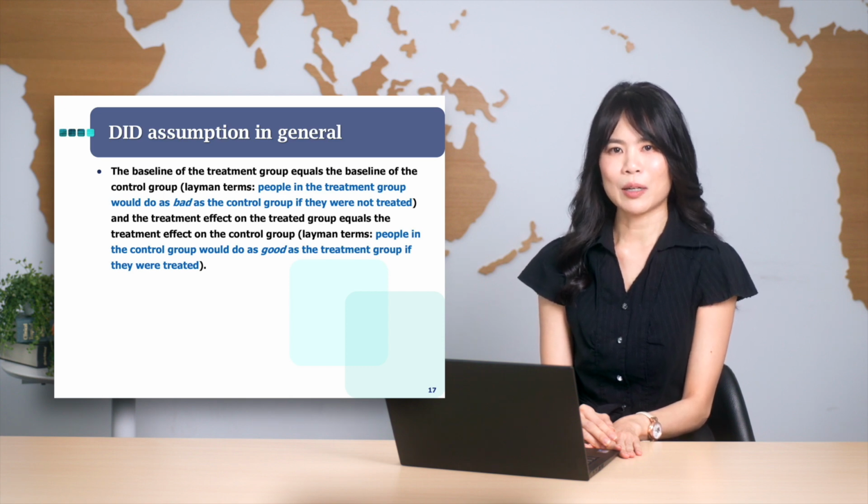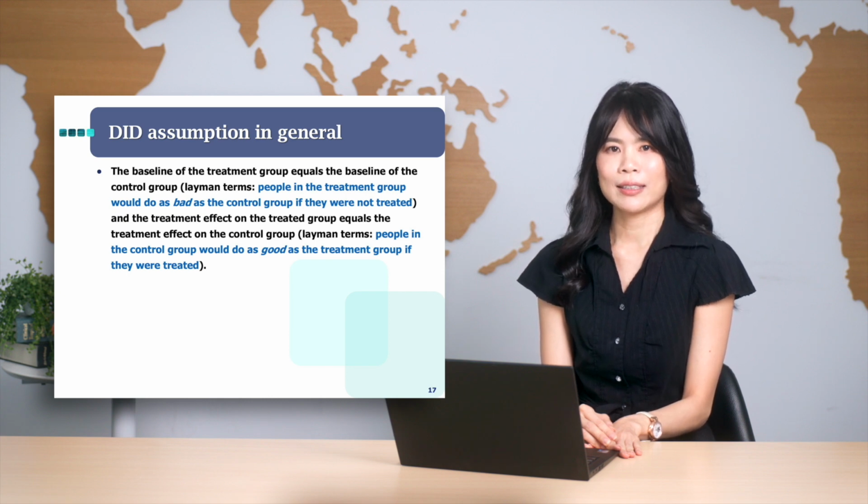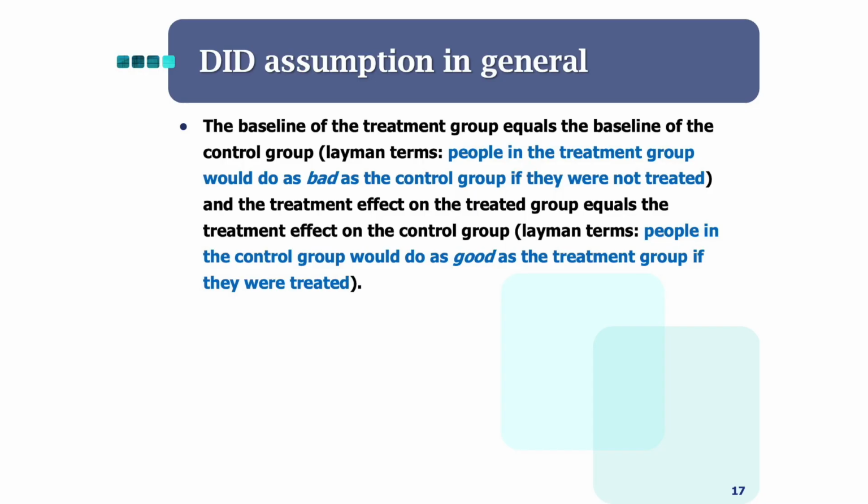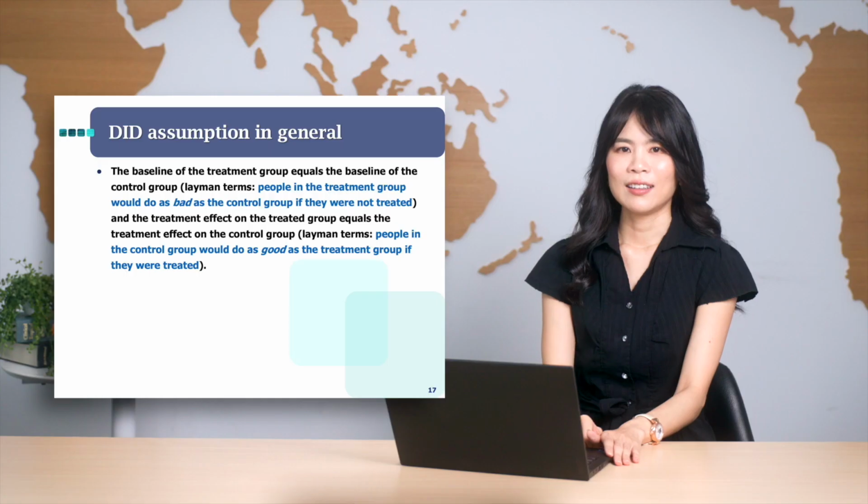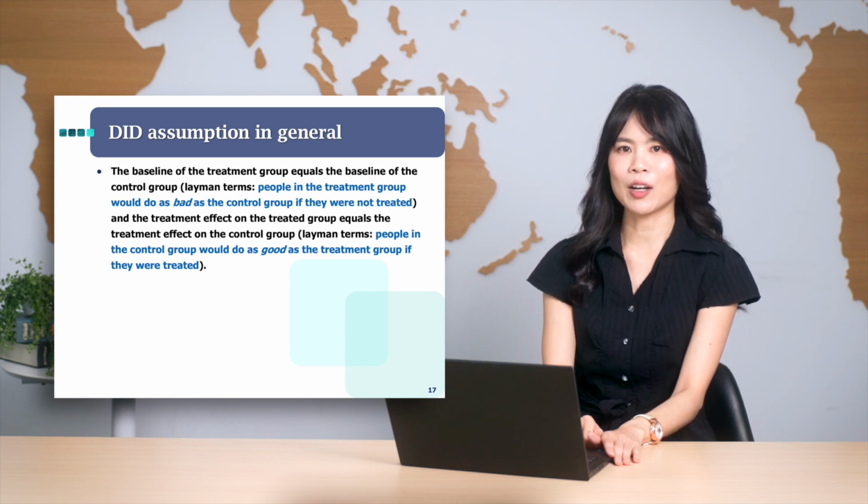The parallel assumption means we assume people in the treatment group would be the same as the control group if they were not treated. Similarly, people in the control group would be the same as the treatment group if they were treated. Let's use again the incinerator example. This means we assume the market trend would be the same for houses near and far from the incinerator.